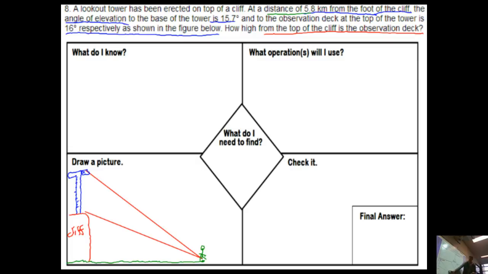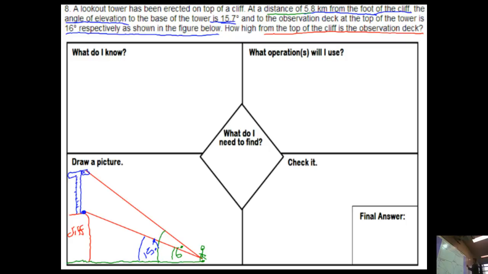So the one looking up to the top of the tower, the larger angle there, is 16 degrees. And then one to just the base of the tower or the top of the cliff, which is up here, 15.7 degrees. So I might show it like that to put some information in.